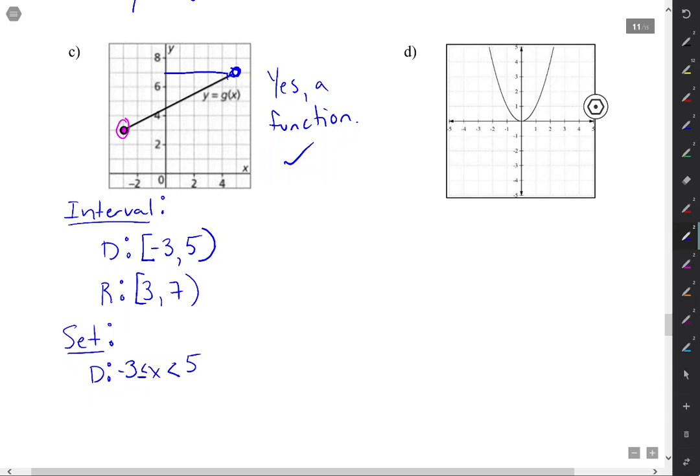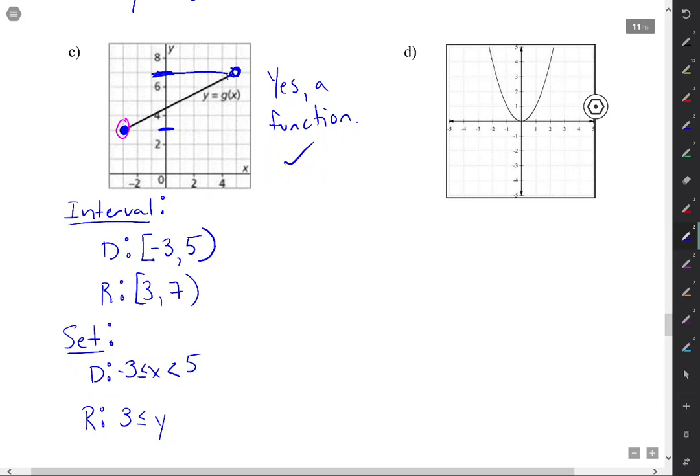Next, let's do the same thing with the range. This time we're looking at the y values. The y values are smushed between 3 and 7, as you can see where we did that interval notation. So we're going to put 3. We always start with the lowest value, is less than or equal to y, and I put the equal to sign because this point's colored in.